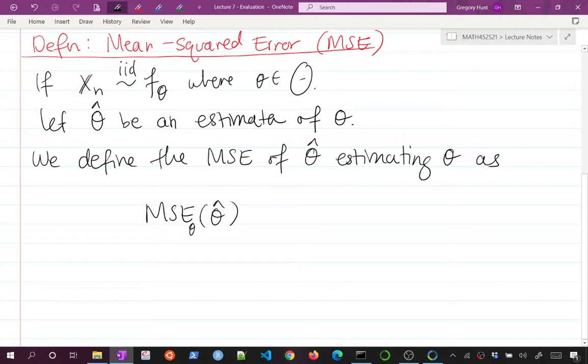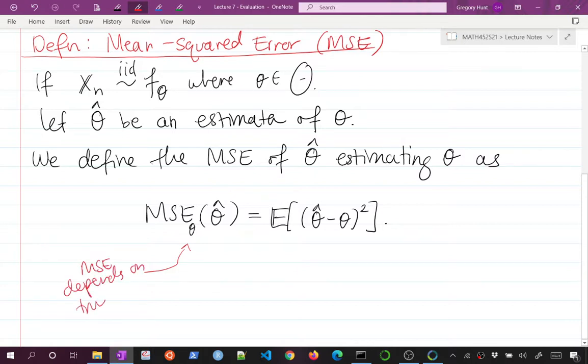So this is the mean squared error of theta hat estimating theta. It is the expected value of (theta hat minus theta) squared. Let me just note that this little theta here is just to remind us that the MSE depends on the true but unknown value of theta.